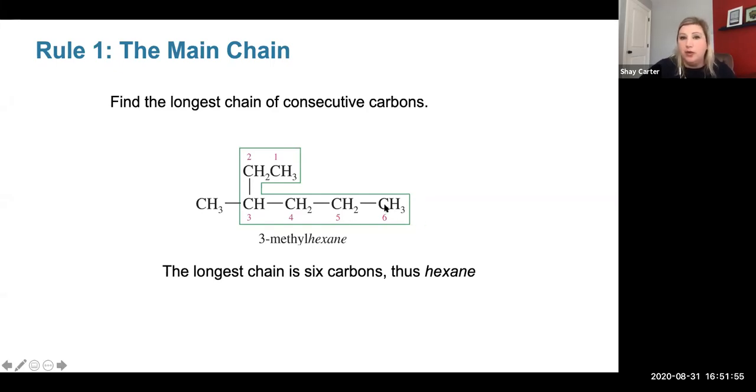So if we started numbering here, 1, 2, 3, 4, okay, our methyl group would be attached to our 4th carbon. So this would be 4-methylhexane. Whereas if we start numbering here, 1, 2, 3, 4, 5, 6, the methyl group is attached to our 3rd carbon, making it 3-methylhexane. 3 is smaller than 4, so we need to start numbering at this end of the molecule.